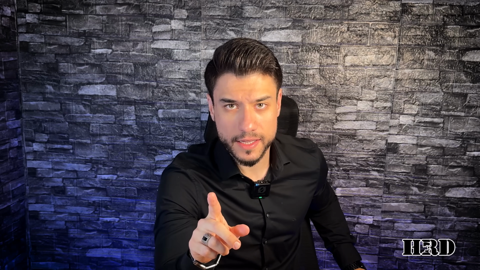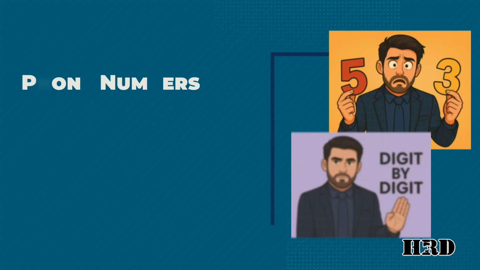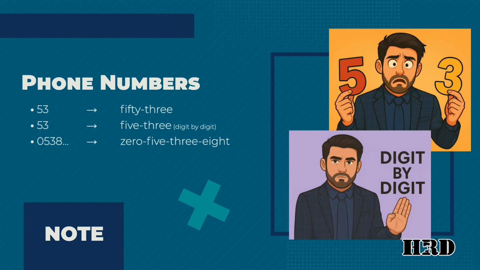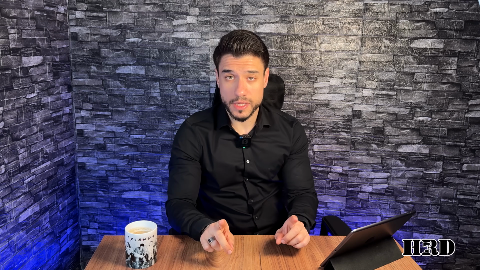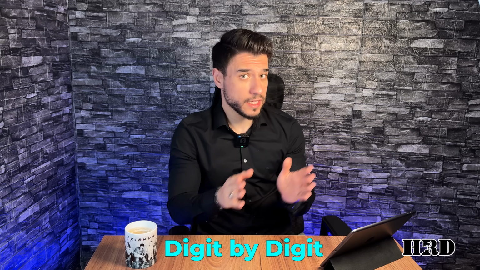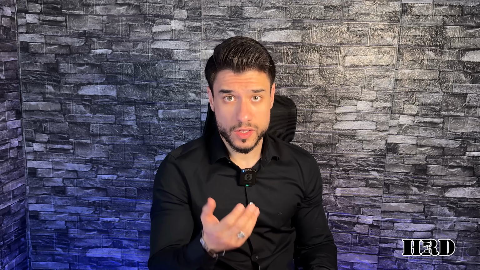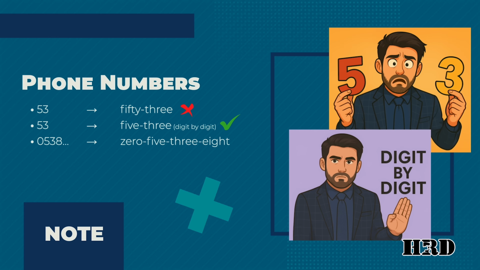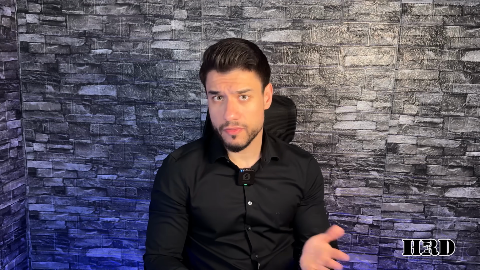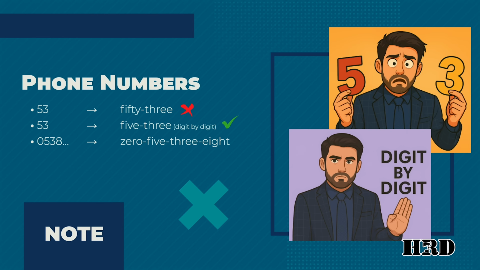Don't say fifty-three in phone numbers. Say numbers digit by digit. So, five three. For example, 0538.